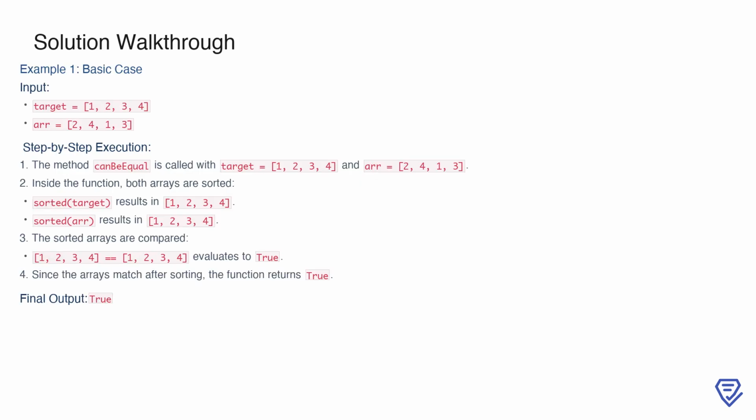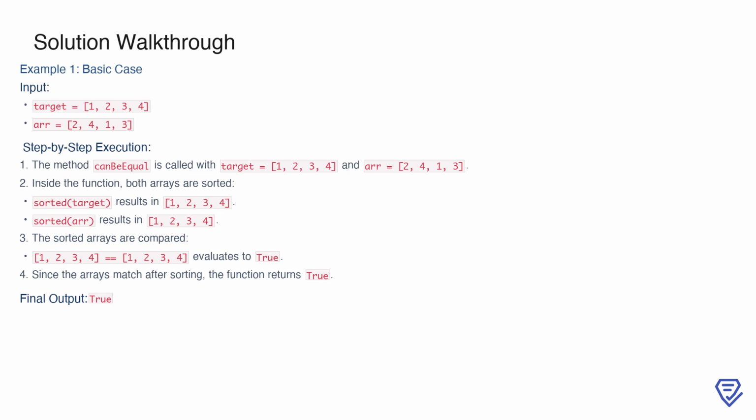In this example, we are tasked with determining if we can make the ARR array equal to the target array by reversing subarrays. The target array is 1, 2, 3, 4, and the ARR array is 2, 4, 1, 3. First, the canBeEqual method is called with these two inputs. Inside the function, the approach begins by sorting both arrays.